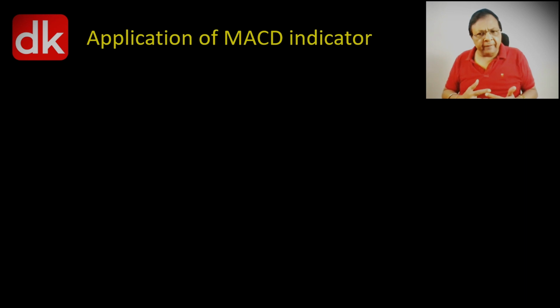So up till now we have understood the method followed in the construction of MACD and its various elements, that is, three elements. Now let us understand how these three elements can be useful to analyze the market in conjunction with other studies, especially price and volume analysis.